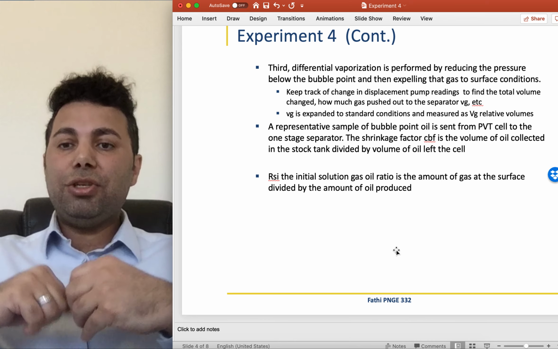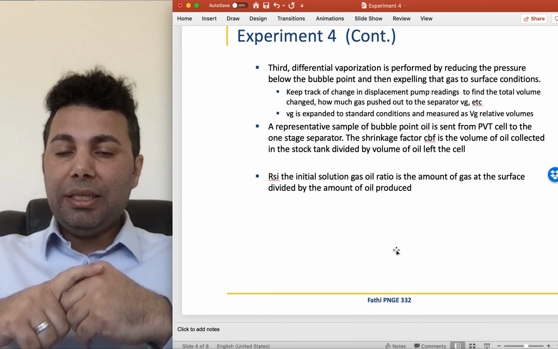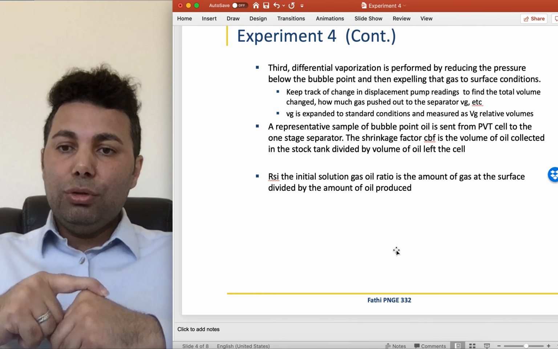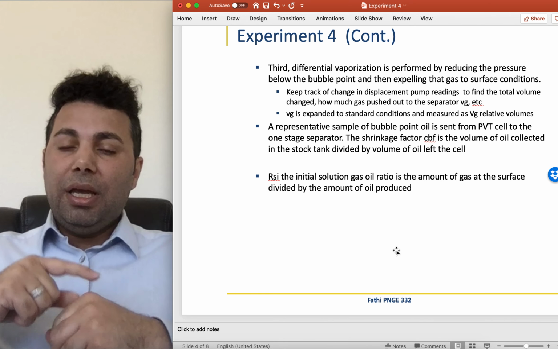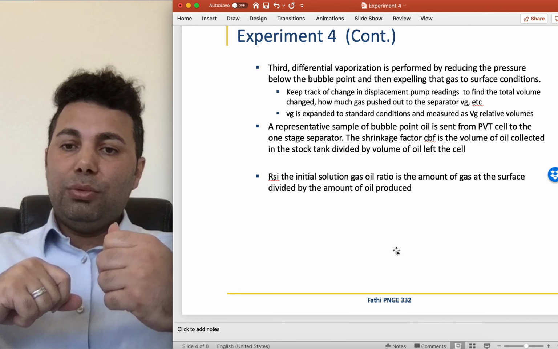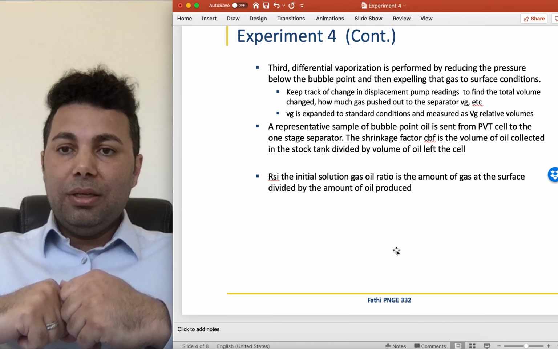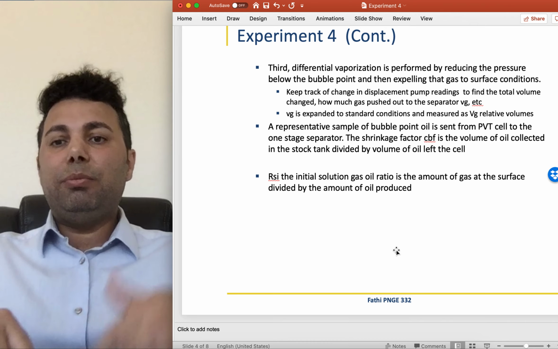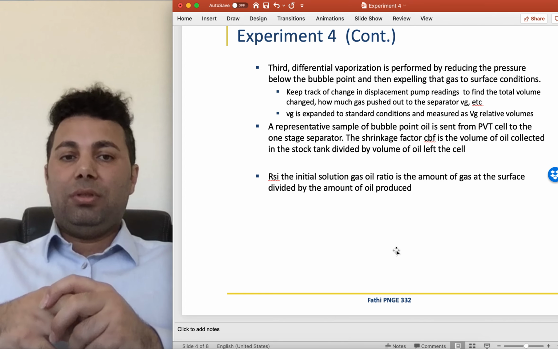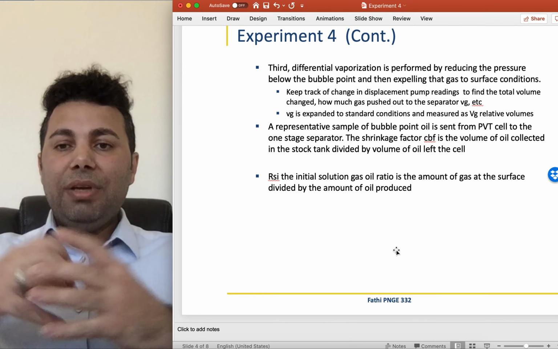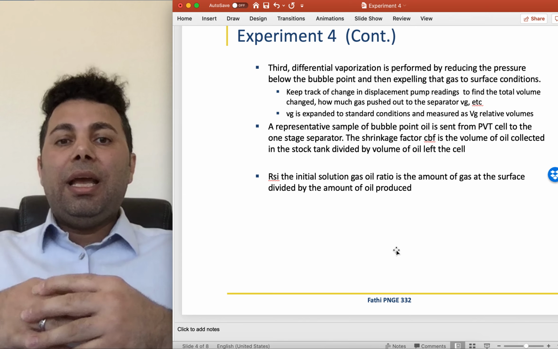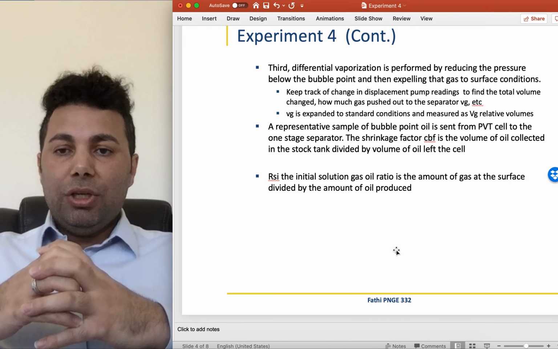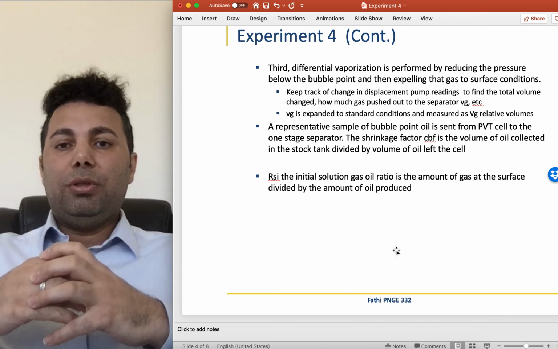We are going to measure the amount of gas and the amount of oil in the cell. Then we are going to use the servo pump to release the gas from the cell while we keep the pressure constant, and then we measure the quantity of the gas outside the cell. When we have all this information, as will be discussed through the instruction, we are going to combine those to come up with the properties.